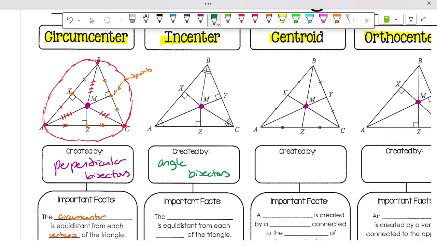What does it mean for an angle bisector? What does it do? Well, it bisects the angles, so it bisects these vertices, but what does that mean? It cuts the angle in half.